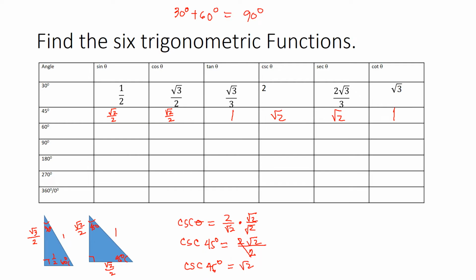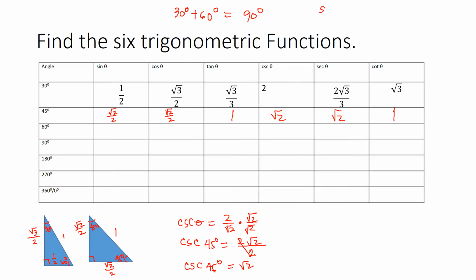Therefore, we are going to look at the cofunctions. The word cofunction comes from complementary, which means they are complementary functions in which the angles, once we add them up, sum up to 90 degrees. The cofunctions here are the following.